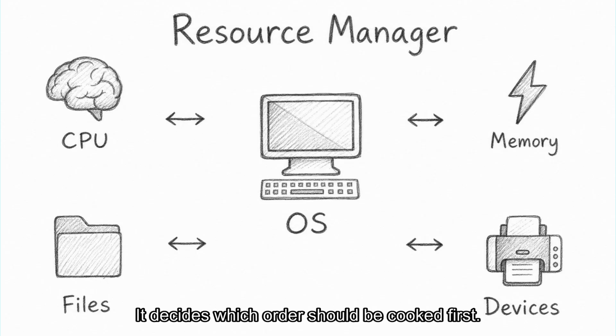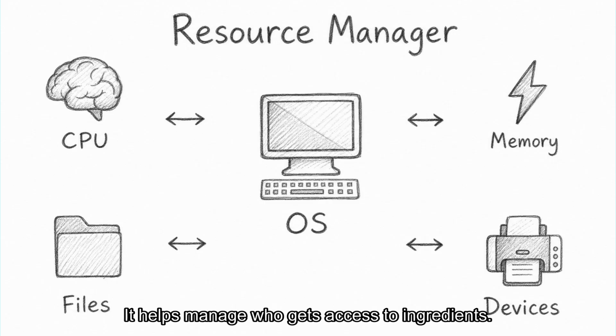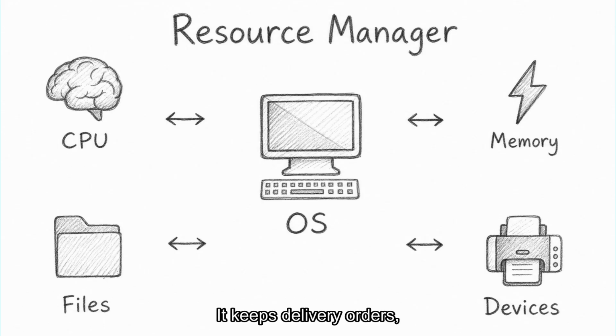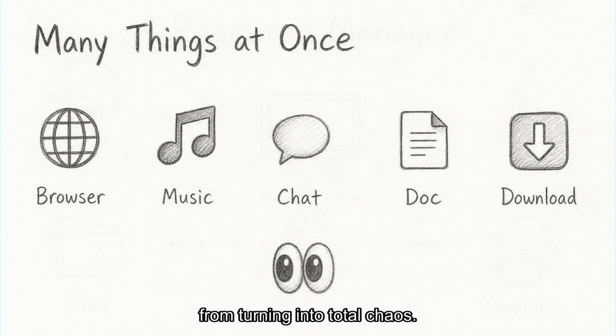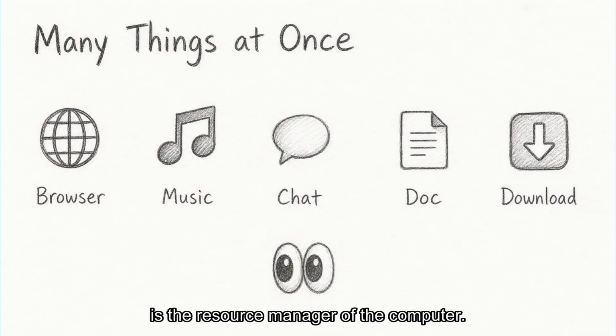It decides which order should be cooked first. It controls how the limited counter space is used. It helps manage who gets access to ingredients. It keeps delivery orders, takeout orders, and dining orders from turning into total chaos. In other words, the operating system is a resource manager of the computer.